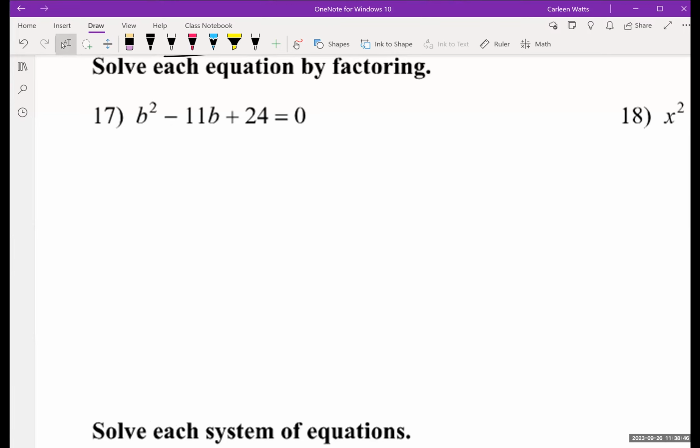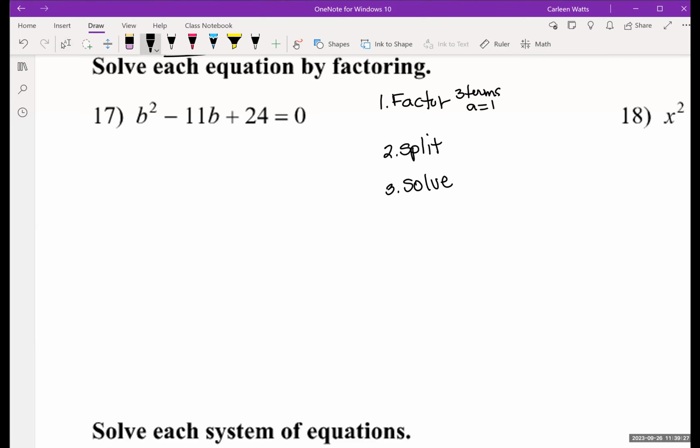Okay. Notice I have a quadratic. In order to solve a quadratic with 3 terms, you have to go factor, split, and solve. So I need to factor this. 3 terms.